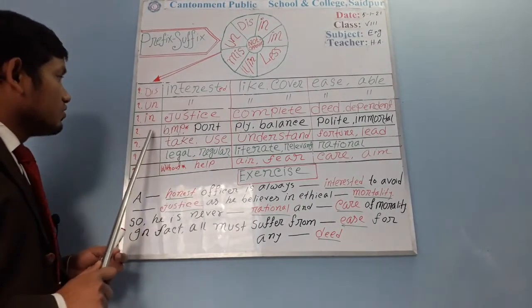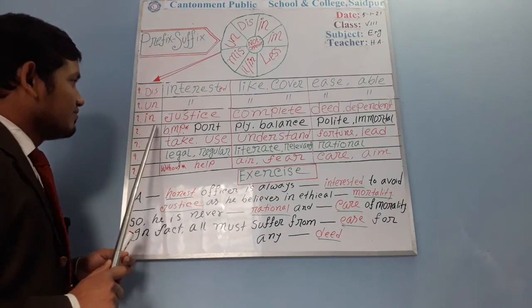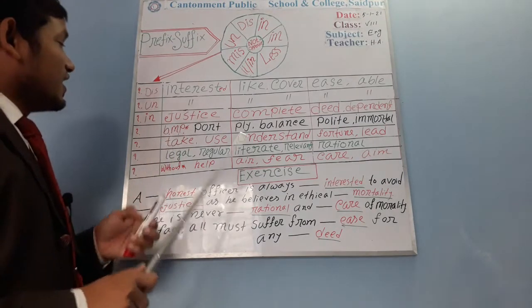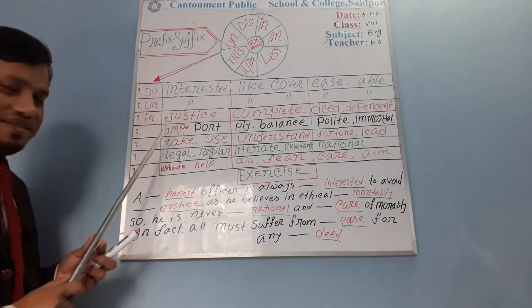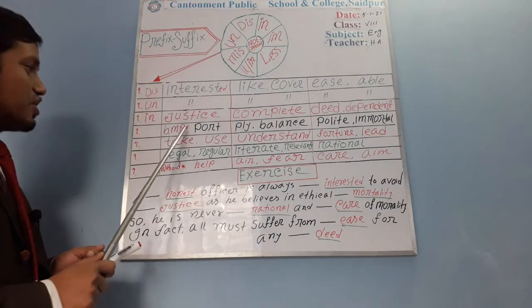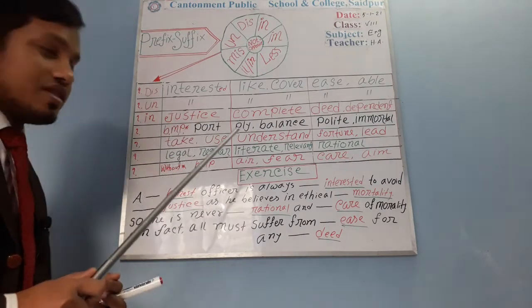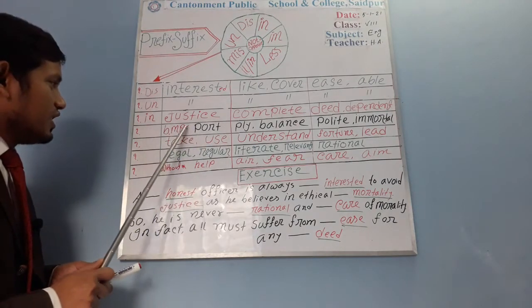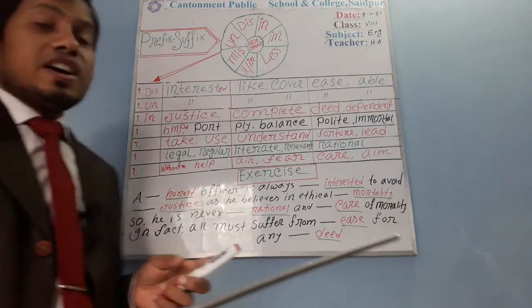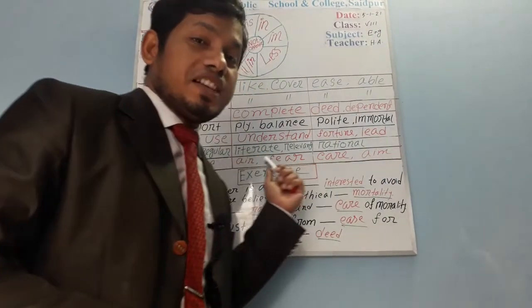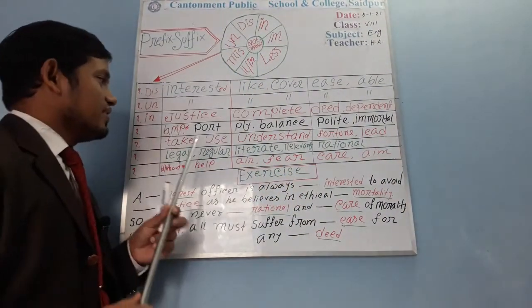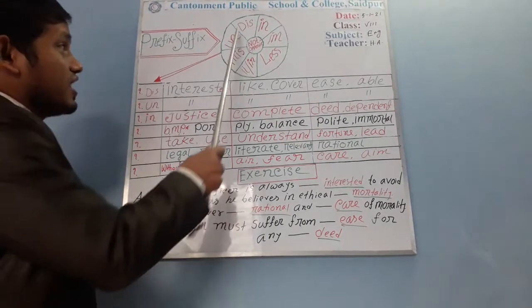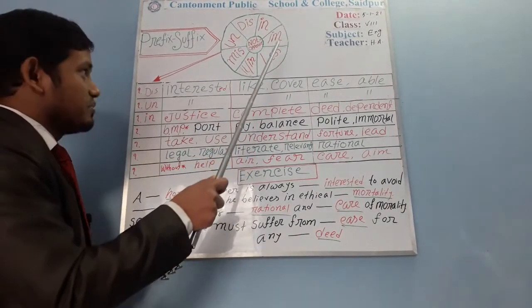Now line number 4. Learners, here you can see B, M, P with a star mark. Here is a matter for you to keep in mind. If any word starts with the letters B, M, P, we should use a particular, special prefix here.